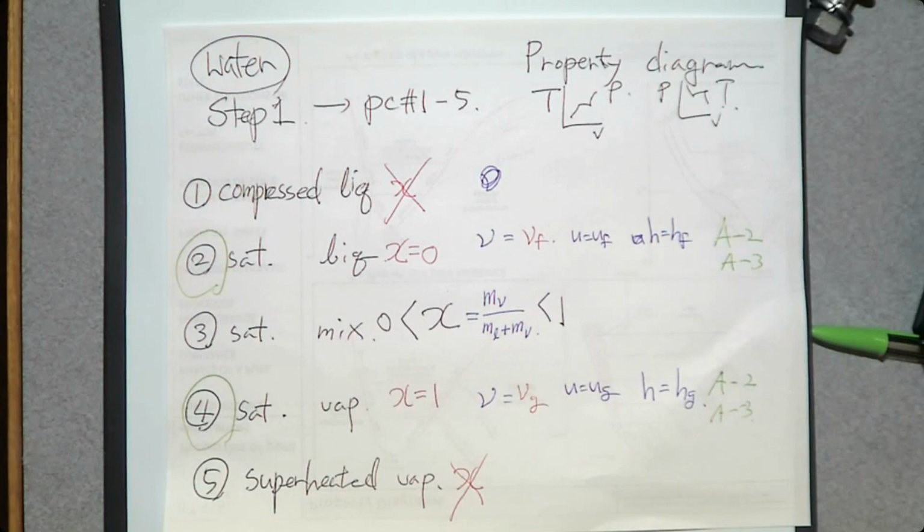Then if you know the ratio between saturated liquid and saturated vapor, since you know the properties of saturated liquid and the properties of saturated vapor, you can use a linear interpolation to determine the properties of the saturated mixture.